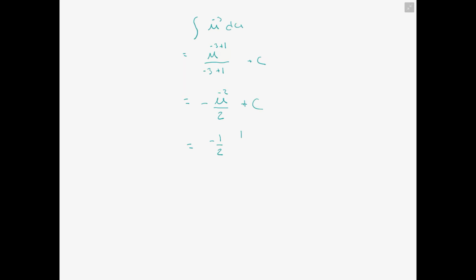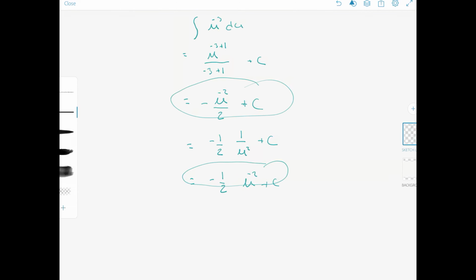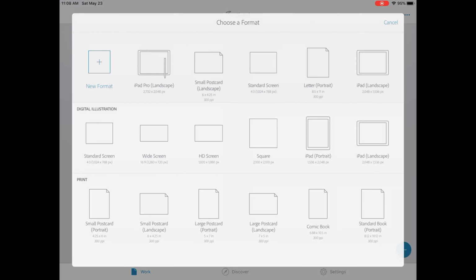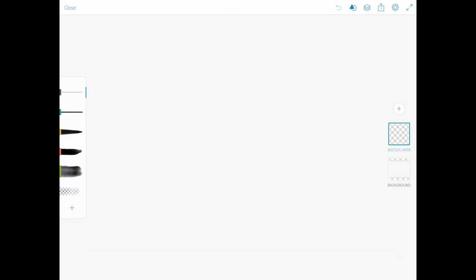And we could put it this way, -1/2 times 1 over u squared plus c. We can write it like this, minus 1/2 u to the minus 2 plus c. Well, we did already up here, so we don't need to do that again. That wasn't too bad a problem.